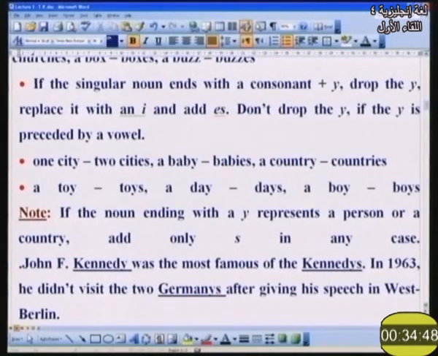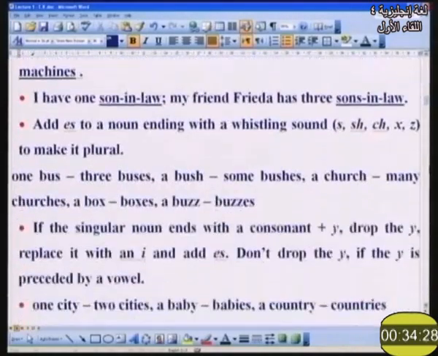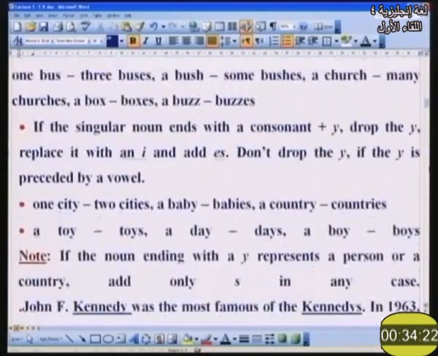Okay. Then the Y itself, if I find a word that ends with a Y, the Y itself is not a clue. It is not the answer to my question. I have the question, what should I do? If I look at the Y, it does not settle the question. I'll have to look at the letter before the Y. Unlike the other rule when we said that if you just see an S or an SH or a CH or an X or a Z, you automatically put an ES.